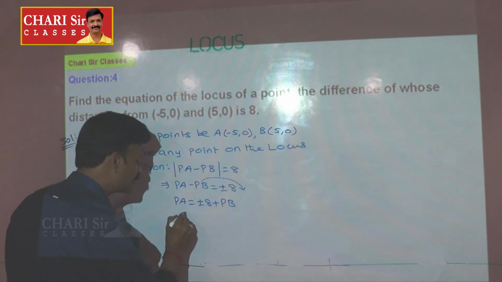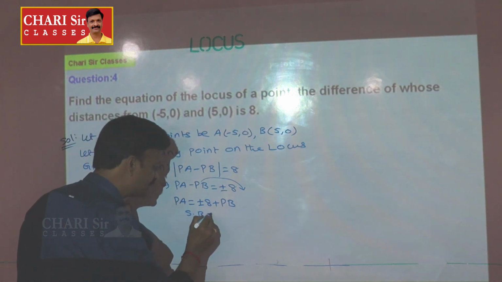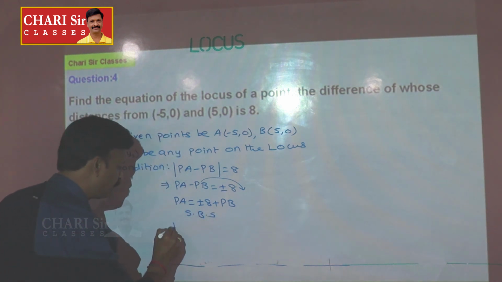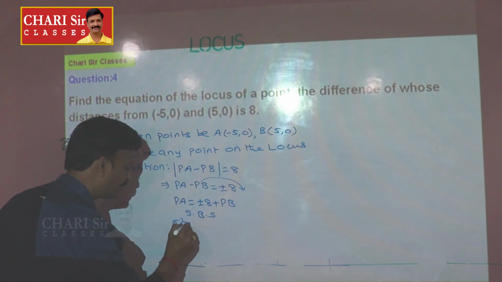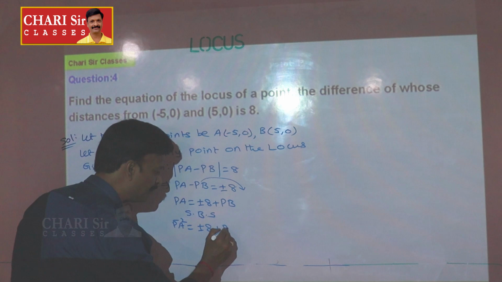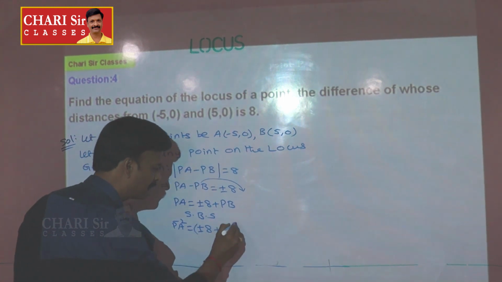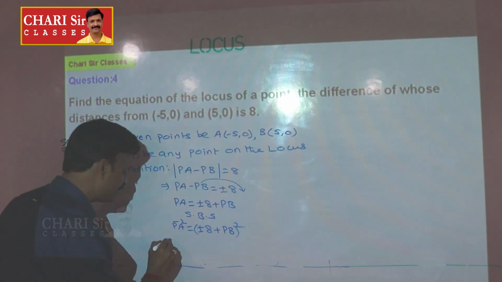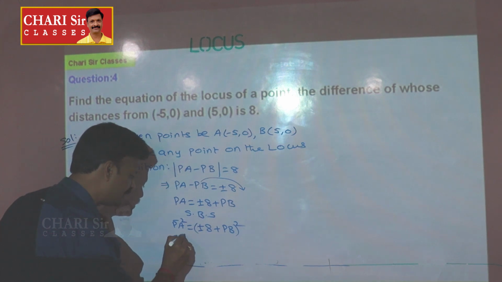Now, you need to square on both sides. That is PA square is equal to plus or minus 8 plus PB whole square. PA square is as it is, there is no change in this.